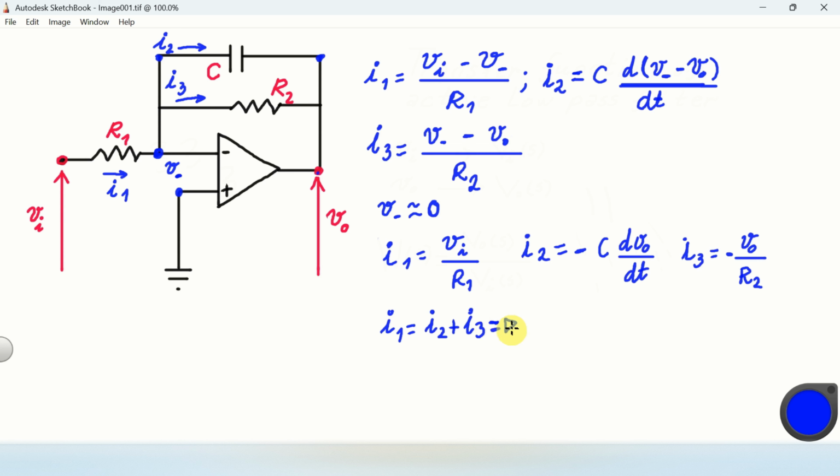We obtain from here that I1, which is VI over R1, is equal to, let's see, what do we have on the right hand side? We have minus C dVO over dt minus VO over R2.